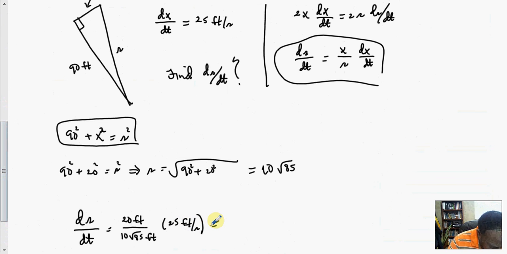And when you calculate that, it comes out to 5.423 feet per second.